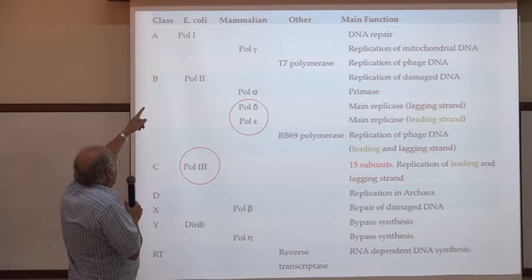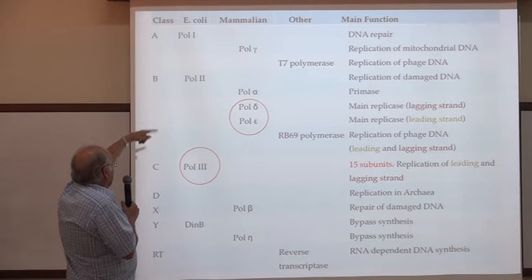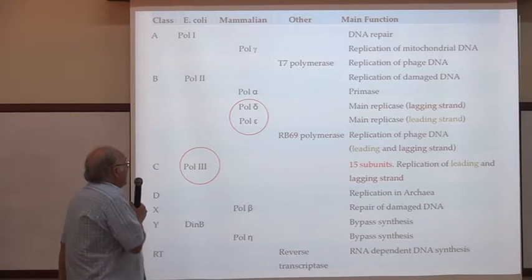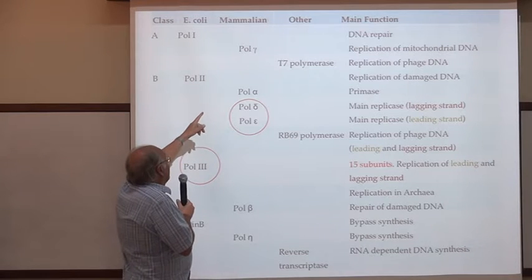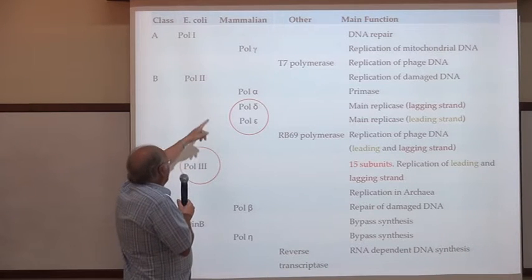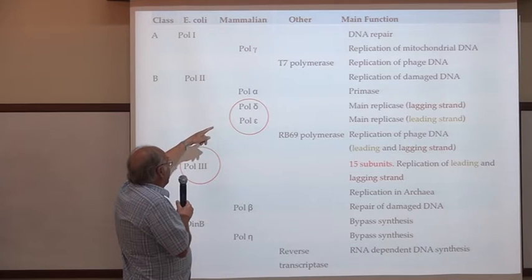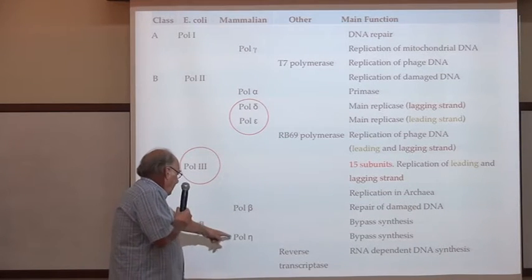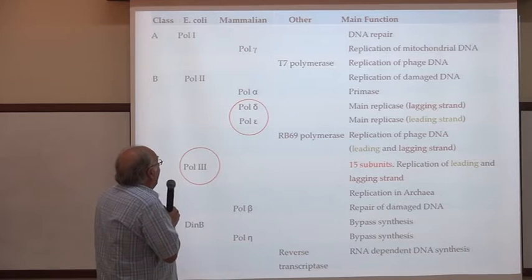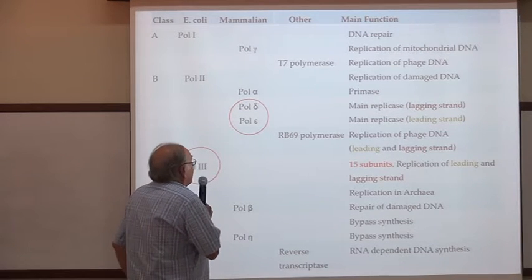And E. coli doesn't have so many: pol 1, pol 2, pol 3, and DinB. But in mammalians, we have a number of DNA polymerases: pol gamma, pol alpha, pol delta, pol epsilon, pol beta, and pol eta. And then there are some other ones here.